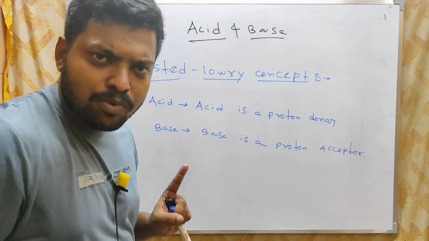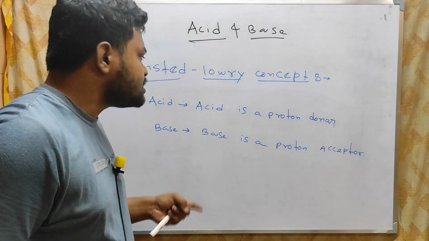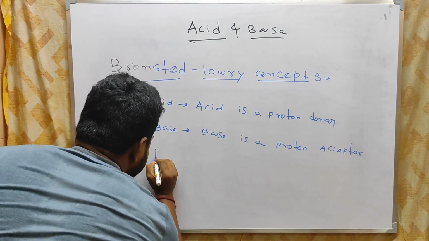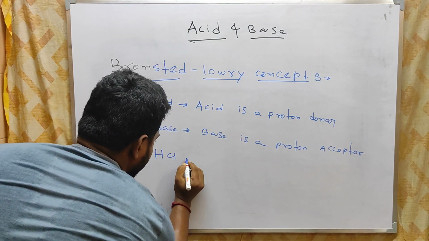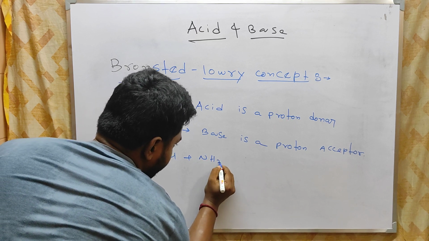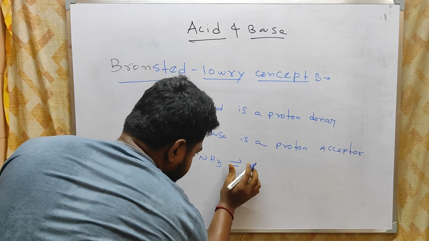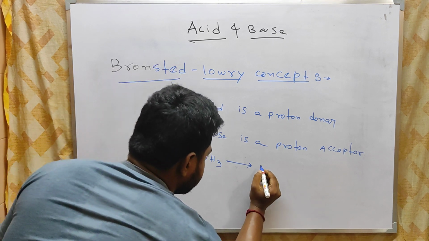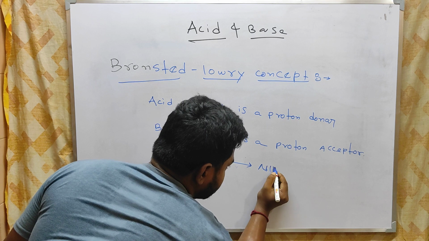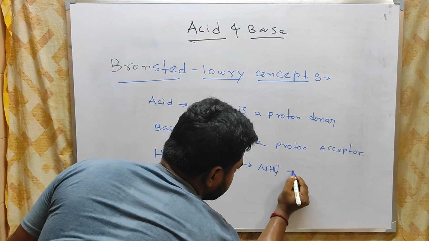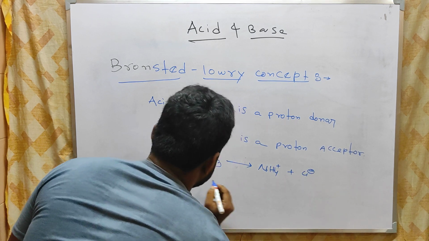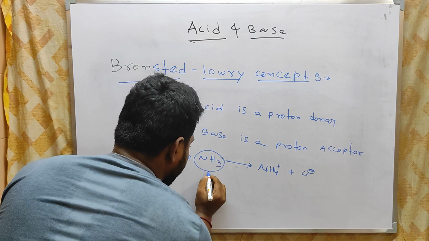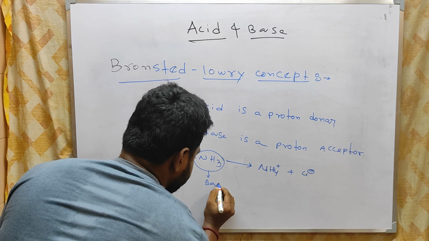So now take an example. What is acid and bases according to Bronsted-Lowry? If we take an example, HCl plus NH3, the formation is ammonium ion NH4 plus and Cl minus. So HCl here acts as an acid and ammonia acts as a base.